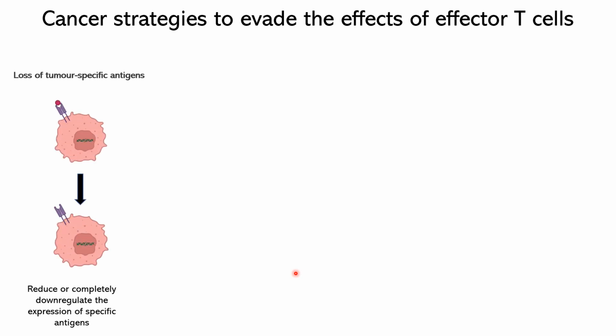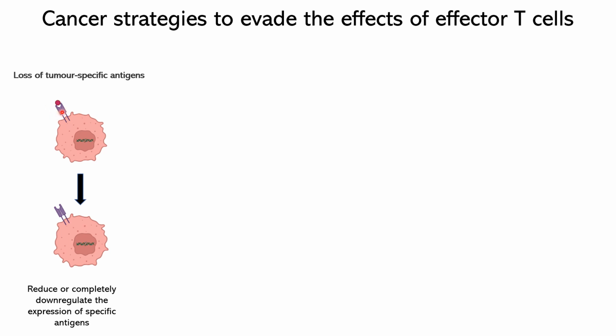The first strategy is through losing the tumor-specific antigens. As we said, each tumor cell would have a specific antigen on its surface that is specific for tumor cells. Once this antigen is identified by dendritic cells, they will go to the lymph node and then present this antigen to the T cells. Then the T cells enter the tumor site and look for cells that carry this antigen.